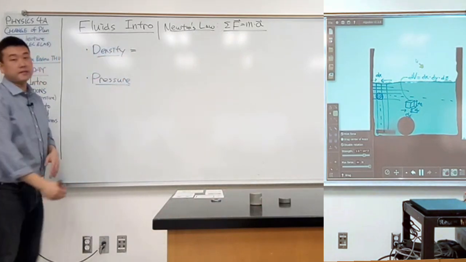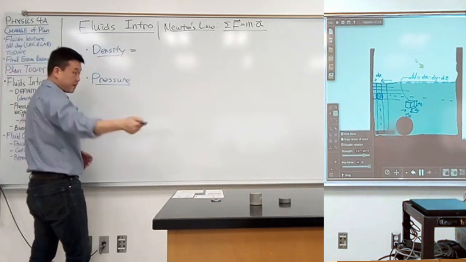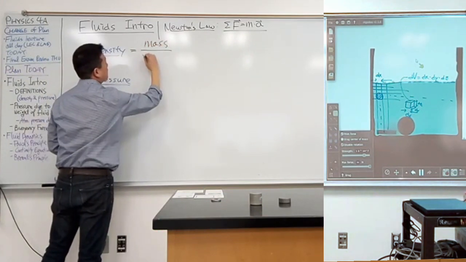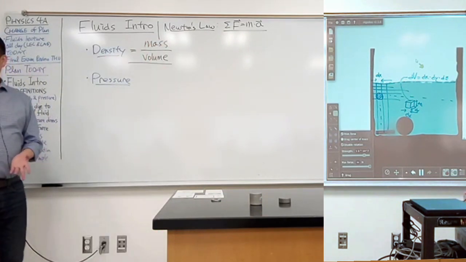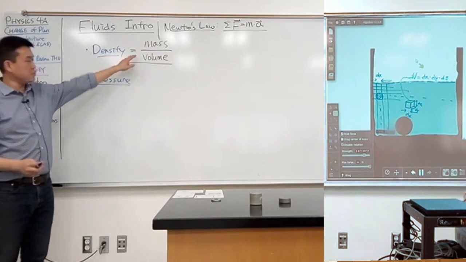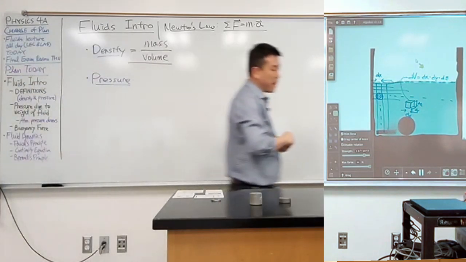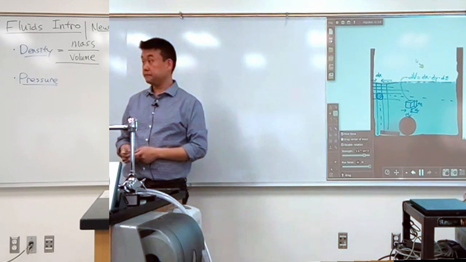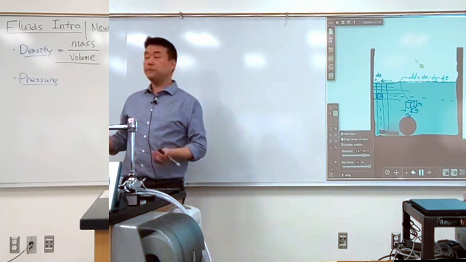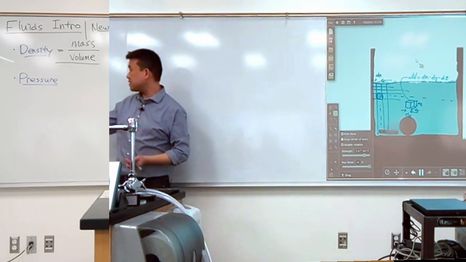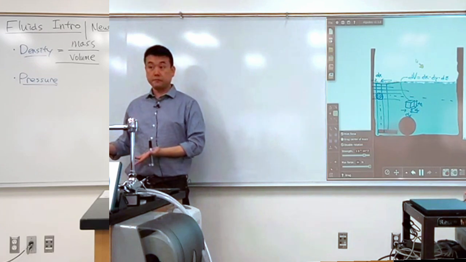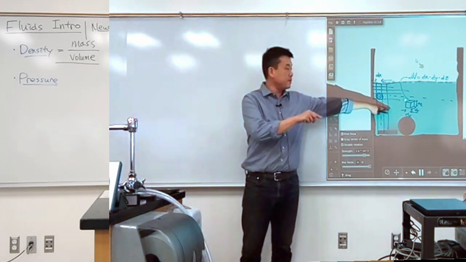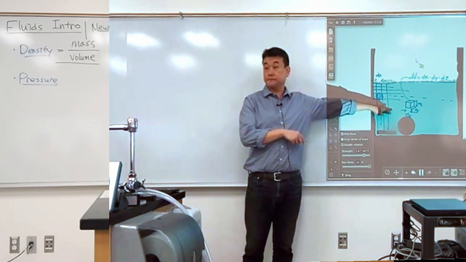And density is defined for that object as mass per volume. Why would this be useful in trying to describe a fluid in this way? Why would it be useful to know the density of a fluid? How does that help you describe the mechanics of, for example, this fluid element?